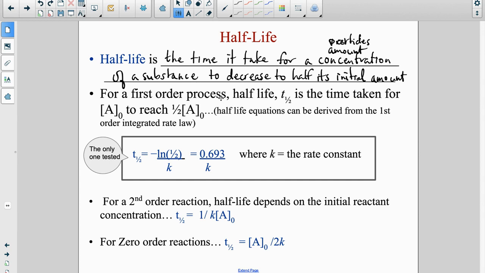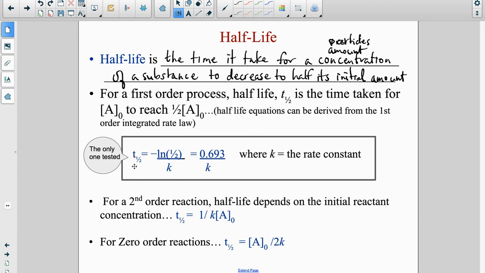So for first order, the half-life is the time taken for A naught to reach half of A naught. Okay, so we can derive all of these half-life equations from the integrated rate law by just putting in half of the initial amount for A at time t. And when you do that, you'll get this half-life equation for the first order reaction.